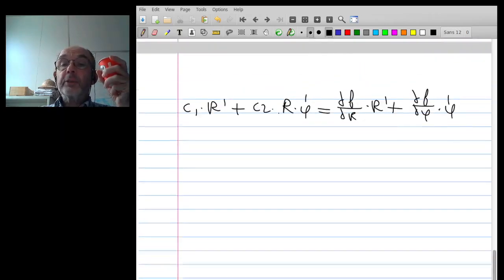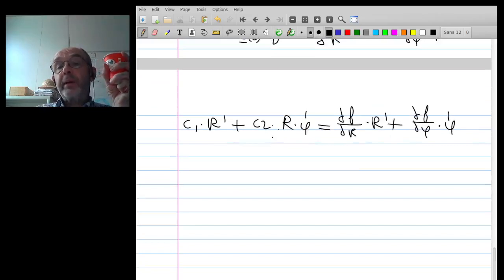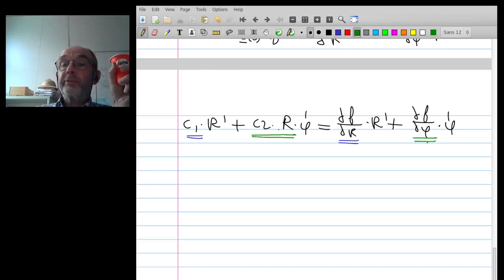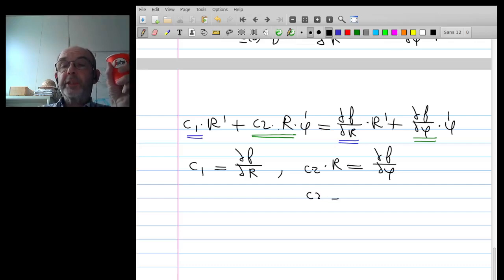Because those vectors both have length 1, we see that c1 has to be equal to the partial derivative of f to r, and c2 times r has to be equal to the partial derivative of f to phi. So c1 becomes the partial derivative of f to r, and c2 becomes 1 over r times the partial derivative of f to phi.